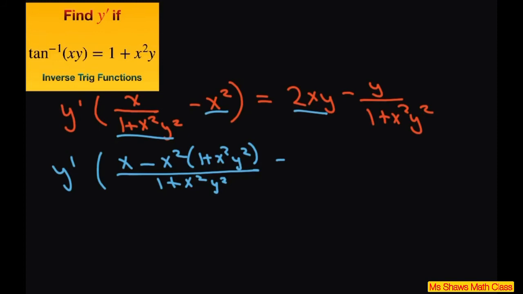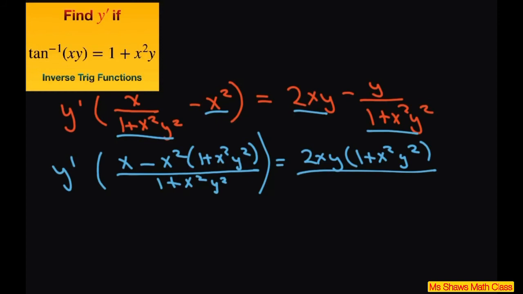All right, equals, same thing, 2xy times 1 plus x squared y squared, all divided by our denominator, 1 plus x squared y squared, minus your y. Don't forget, we forgot our minus our x. Oh, no, we didn't.